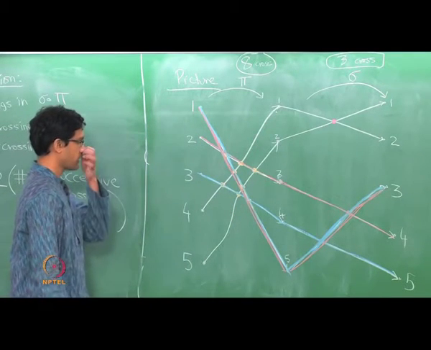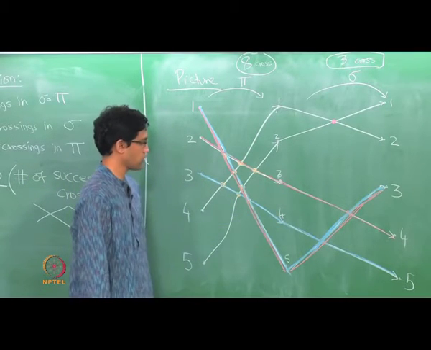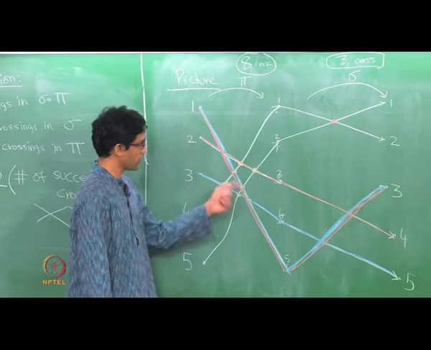So what is marked in the blue lines gives you one successive crossing and the red lines give you another successive crossing.